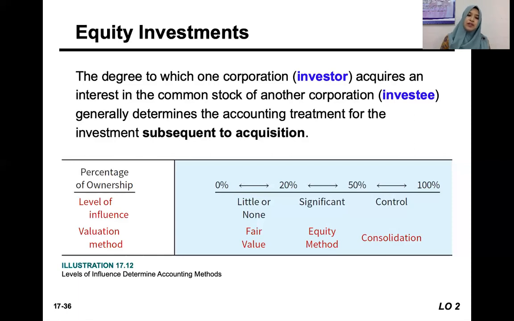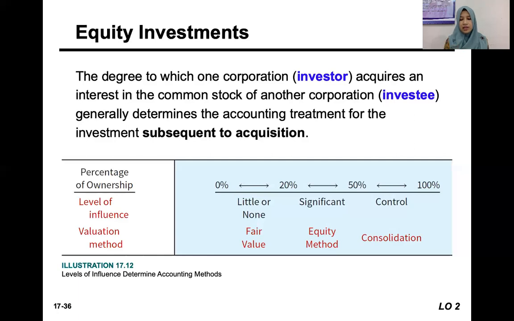If the investor has above 50% ownership interest in that company, it has significant control over the company. So we have to use the consolidation method.